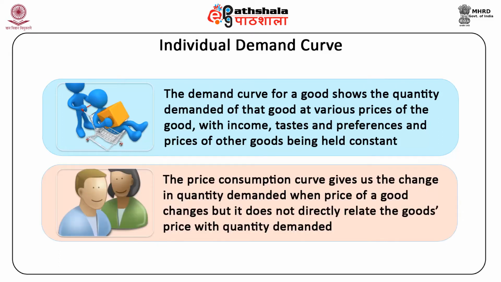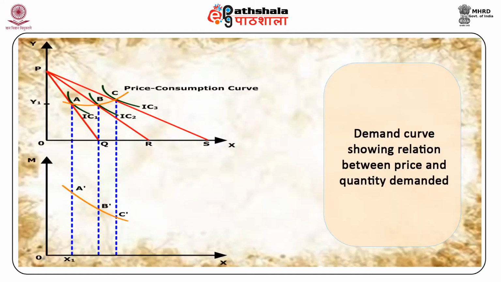The price consumption curve gives us the change in quantity demanded when the price of a good changes, but it does not directly relate the good's price with quantity demanded. The demand curve of an individual, showing the relationship between price and quantity demanded, can be easily derived from the price consumption curve as shown in the lower panel of the figure.